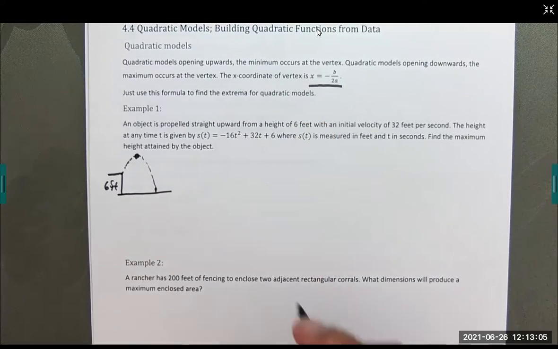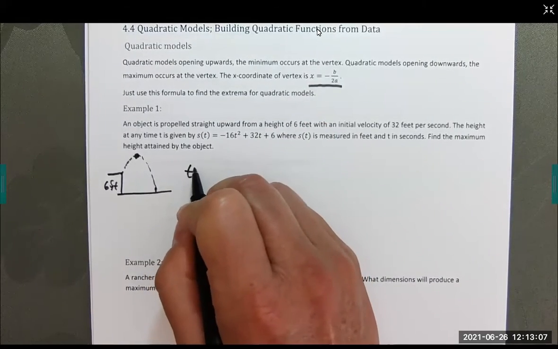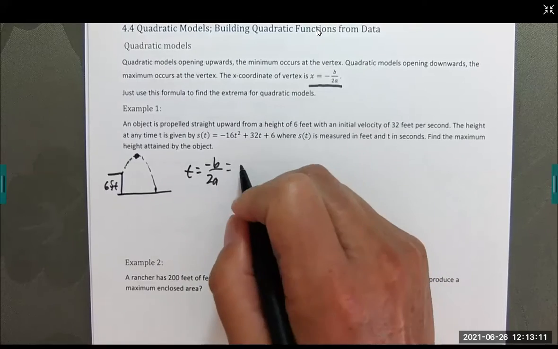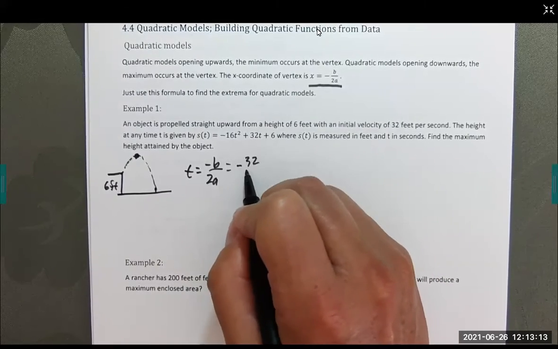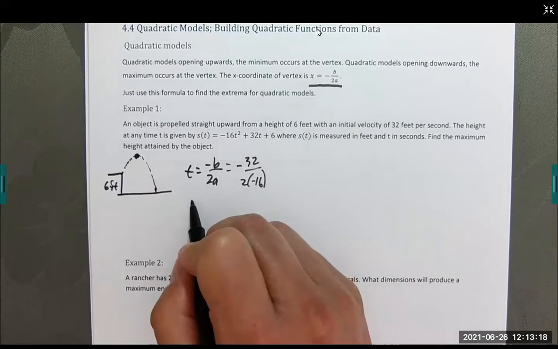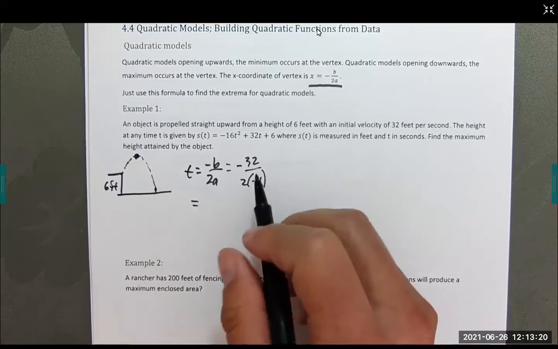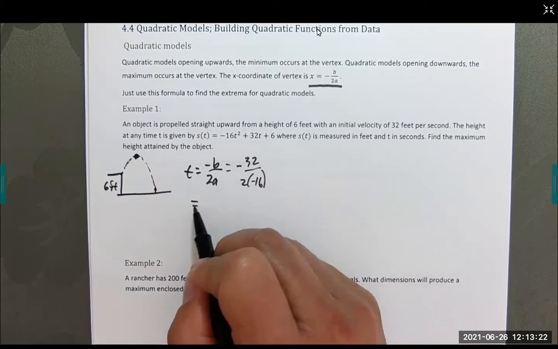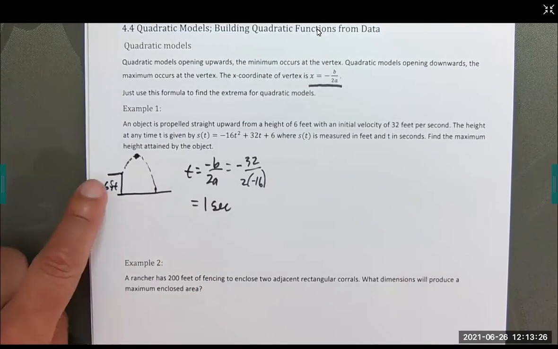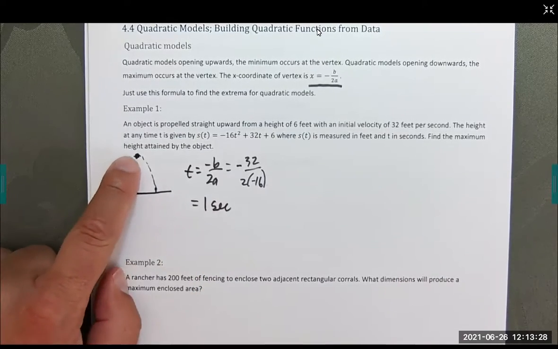So t is going to be negative b over 2 times a, which is negative 32 over 2 times negative 16, which is exactly negative over negative is positive. 32 over 32 is 1 second. So after the person throws the object, after 1 second, it hits its maximum height.